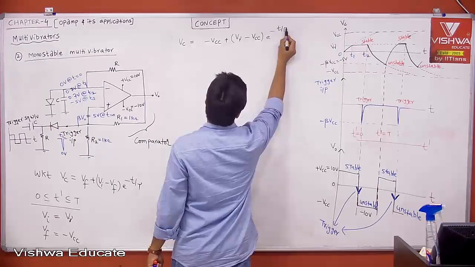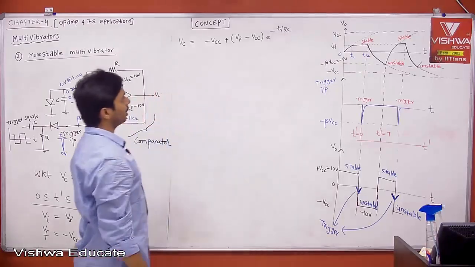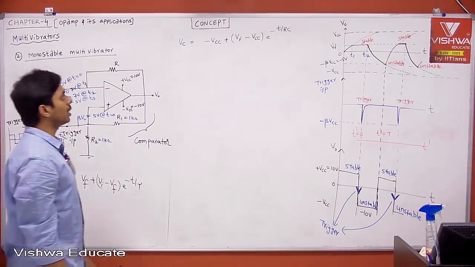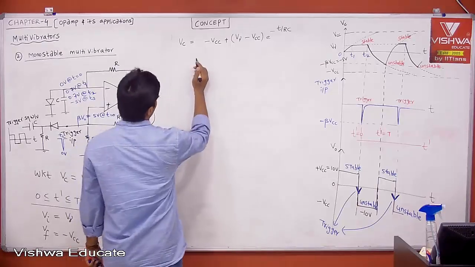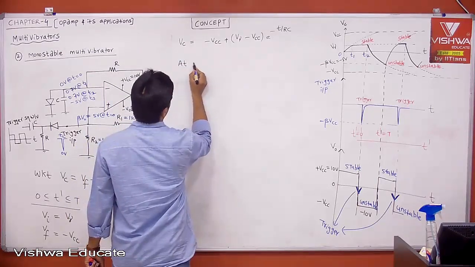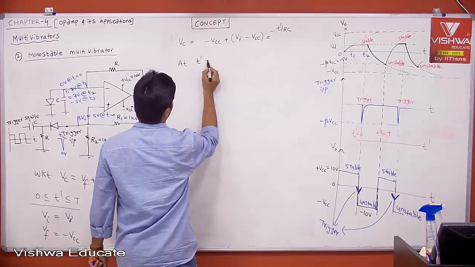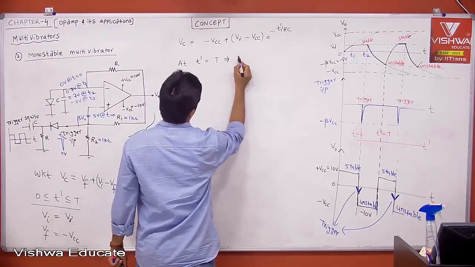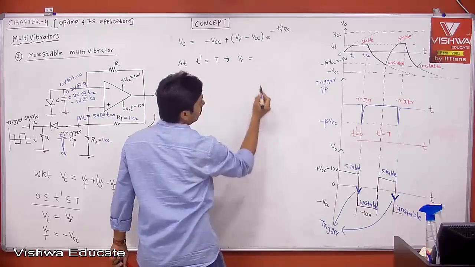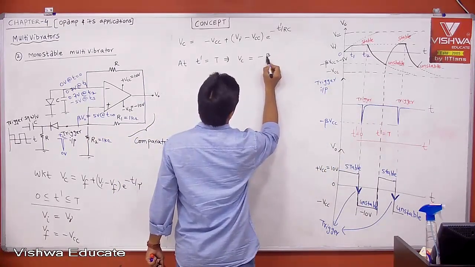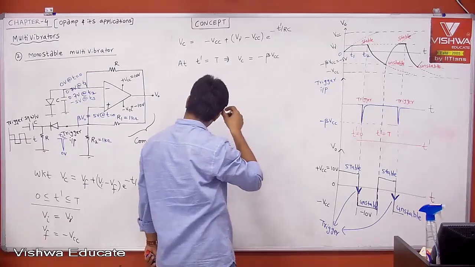Tau is nothing but R into C. Therefore minus VCC plus (V gamma minus minus VCC) into e to the power of minus t by tau. Okay. Then tell me, at the new time t dash equal to T, what is the voltage across the capacitor? The voltage across the capacitor is equal to minus beta VCC.